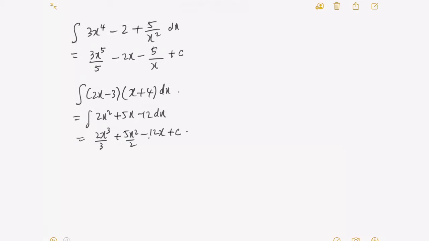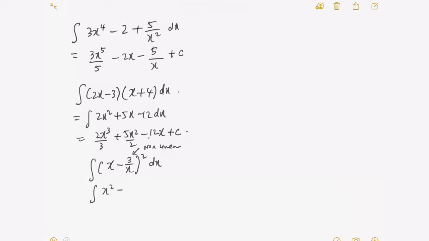Alright? Now, what if you have a bracket like this? Let's say (x-3/x)^2 dx. Now take note that we cannot use composite function, the one that I mentioned earlier, because the one inside the bracket here is non-linear. It's actually x to the power negative 1 here. So you have no choice but to expand this bracket.